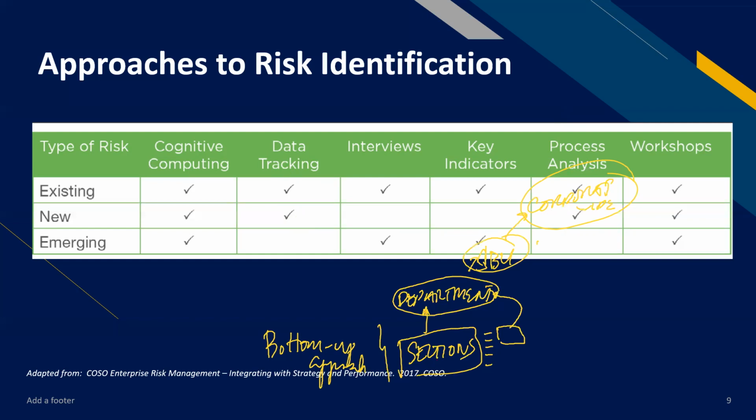Yung department risks, some may be significant enough for the SBU's attention. Yung SBU risk, some may be significant enough to be taken up in the corporate-wide risk management plan. Okay? And that process of discovery involves different types of approaches. Okay?